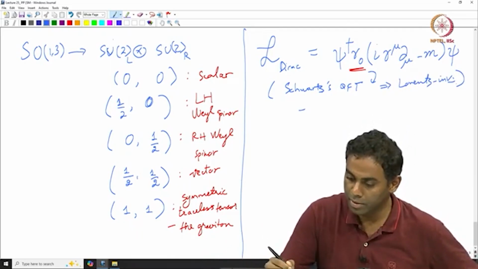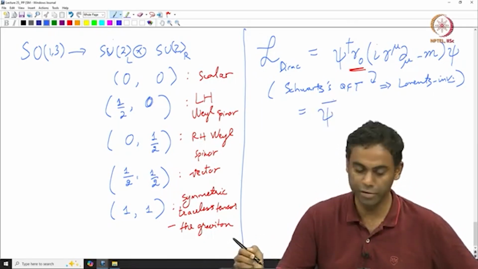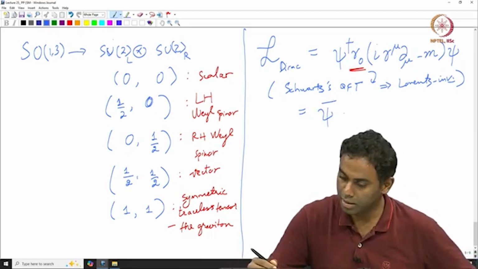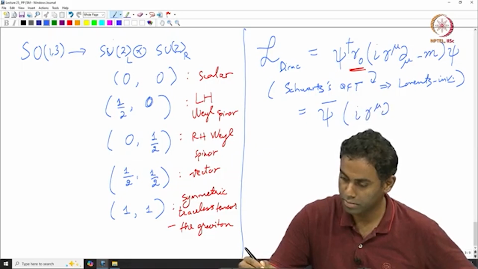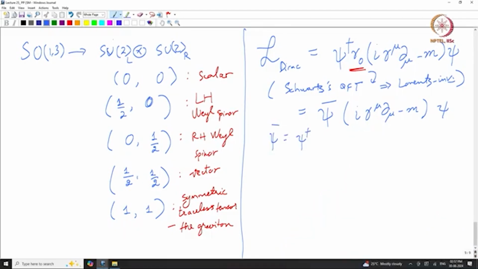So most times, people write this, and it becomes a little confusing if you are not used to it, with a psi bar. Psi bar is nothing but psi dagger gamma 0. I have been putting the indices for the gammas upstairs. Sometimes I put them downstairs, but you should always put them upstairs.